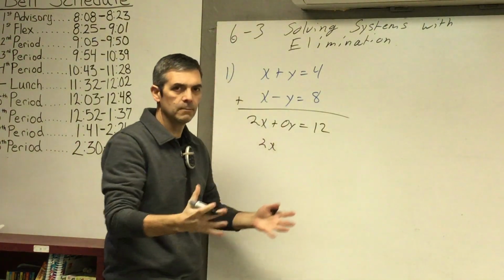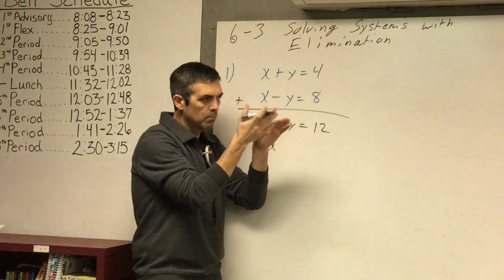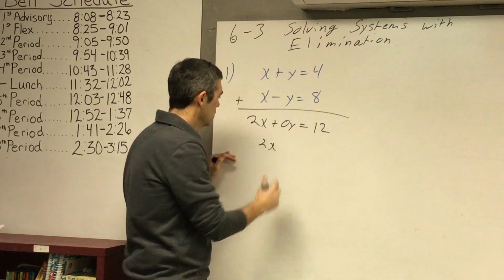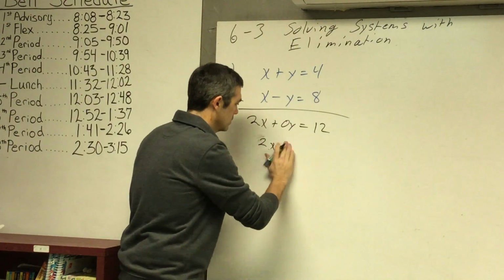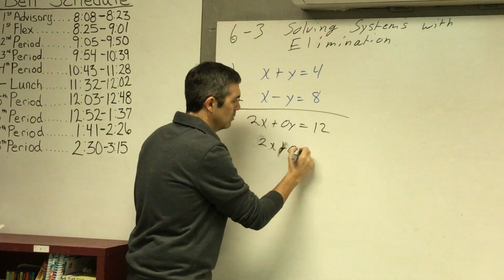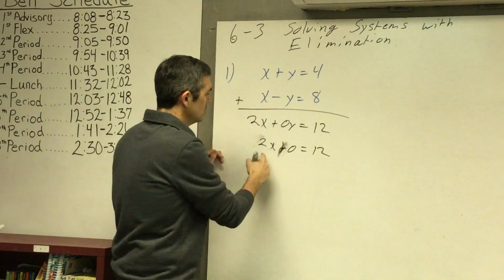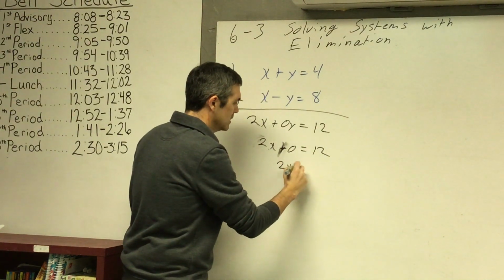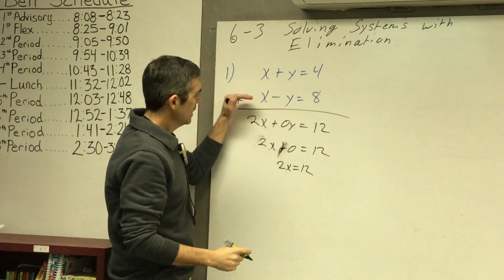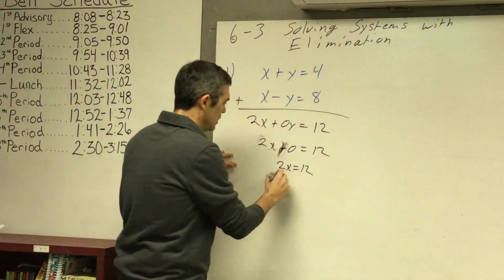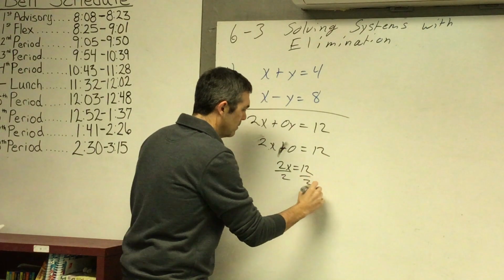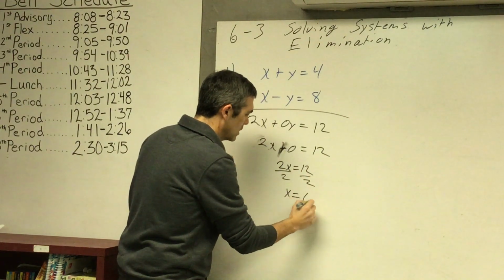I'm showing you all the steps right here so that you can see the process. So 2x plus 0 equals 12. 2x plus 0 gets you 2x equals 12. And that's how that works as you go through it, right? Then you just divide by 2, x equals 6.